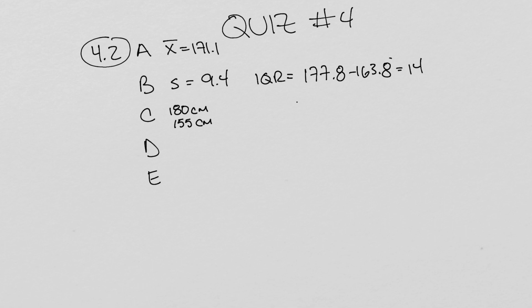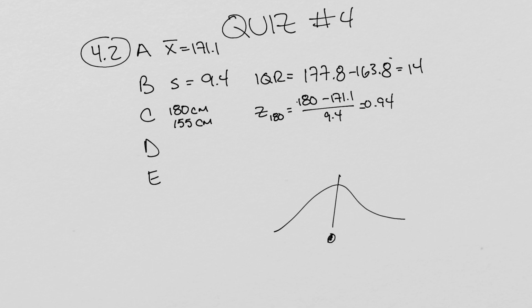So let's do the Z-score. Z of somebody who is 180 is equal to 180 minus 171.1 over 9.4, and this is 0.94. So if I were to draw that out, I would have 0 here and 0.94 right here.